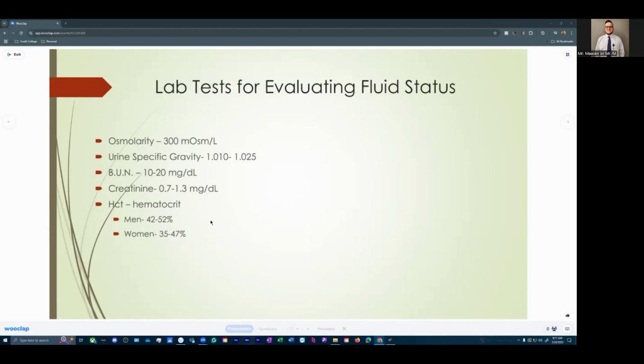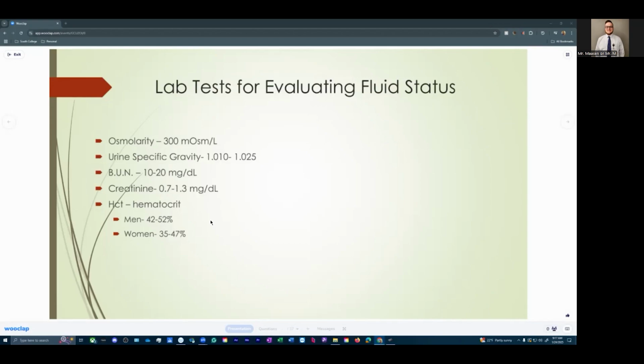Urine specific gravity, and as with osmolarity, is about overall fluid status. This is measuring the density of our urine compared to water, so just the overall concentration of solutes in our urine. Of course we have a specific range.